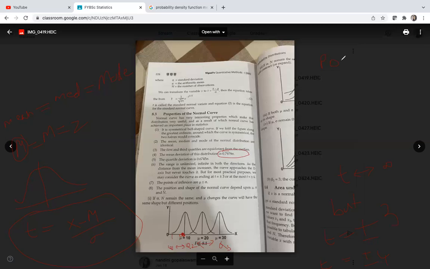Points of inflection are mu plus or minus sigma. Mu is the arithmetic mean, sigma is the standard deviation. We say that points of inflection का मतलब है where it ends actually. Where it is going to end, we say it is going to end here for practical purposes. Following? Are you following, class?